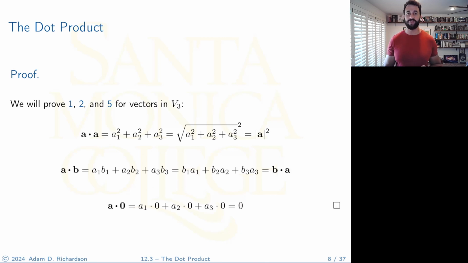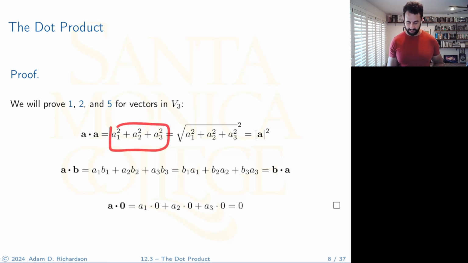So the first one is really interesting. When you dot a vector by itself, you get the length of the vector squared. And here's why it works. It's very straightforward, very clean result. A dot A, by definition, is A1 times A1 plus A2 times A2 plus A3 times A3, right?